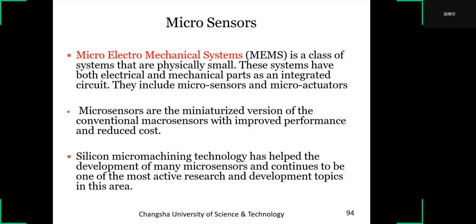They include microsensors and microactuators. Microsensors are miniaturized versions of conventional macro sensors with improved performance and reduced cost.